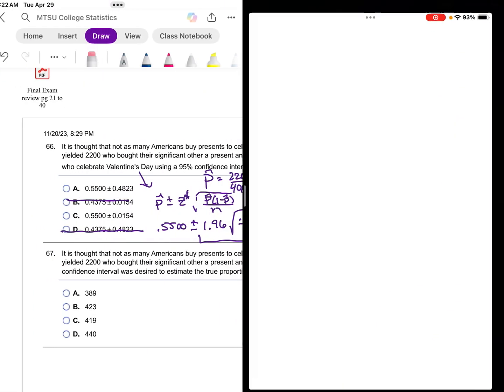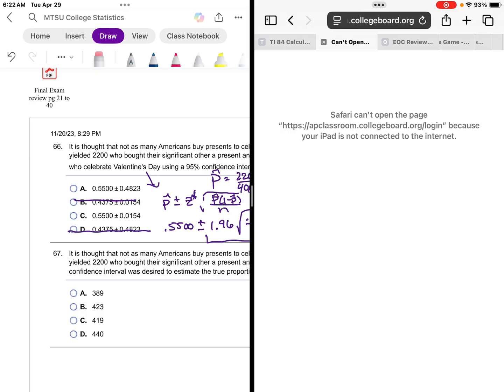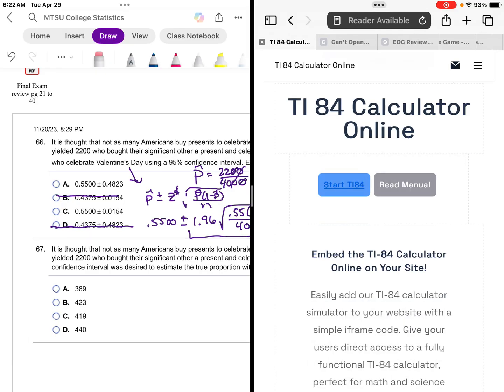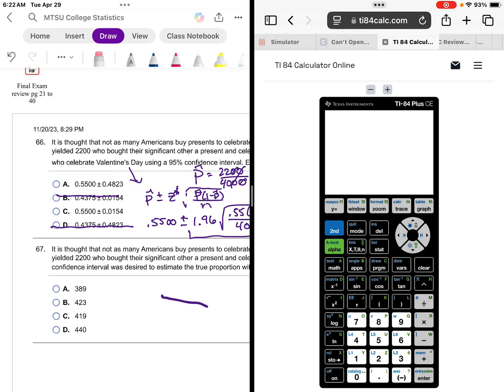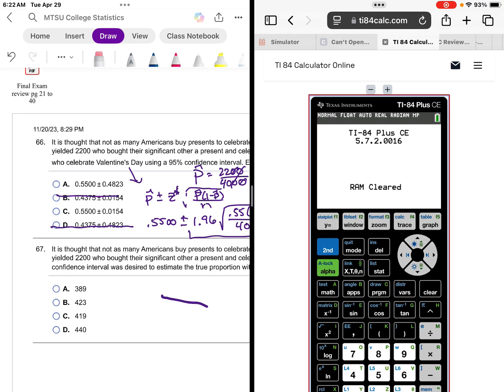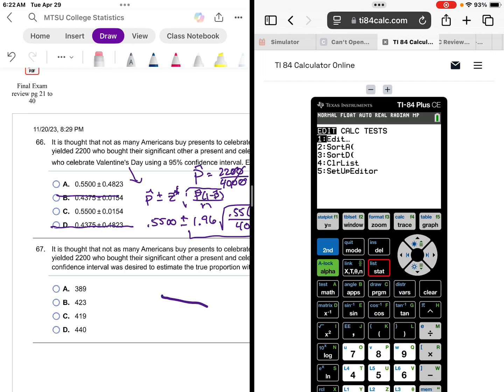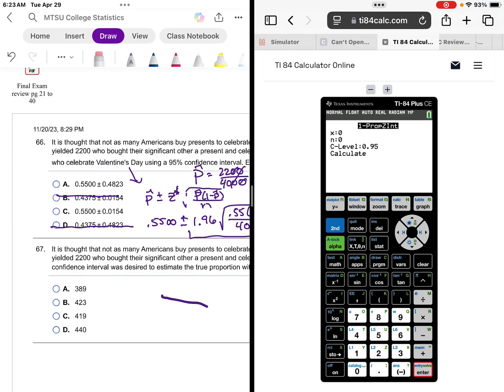I'm going to go back over here, and we're going to get the calculator open, and let's do a confidence interval. A one prop z interval is what this is going to be. So go over to here, one prop z interval, which is on the next screen. There we go, option A. And as we get that screen a little smaller, I had 2,200 out of 4,000.